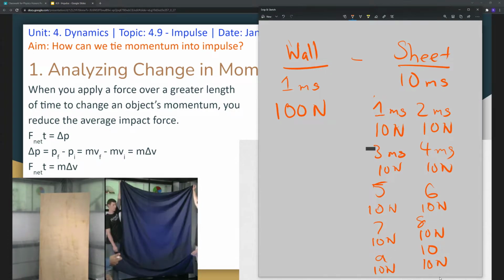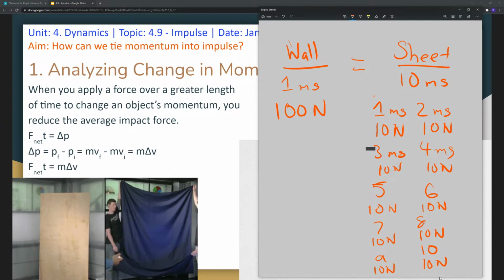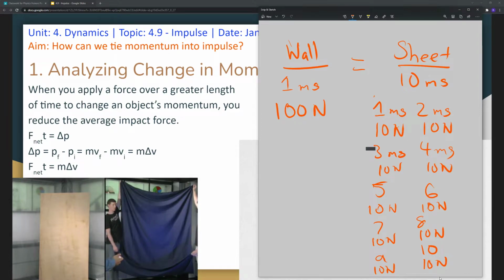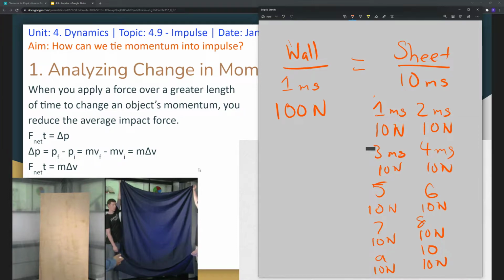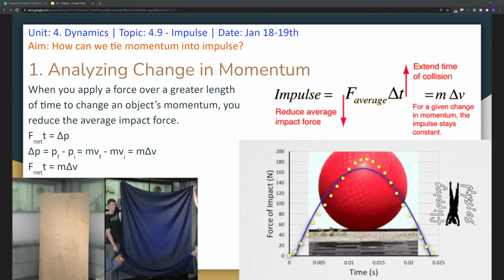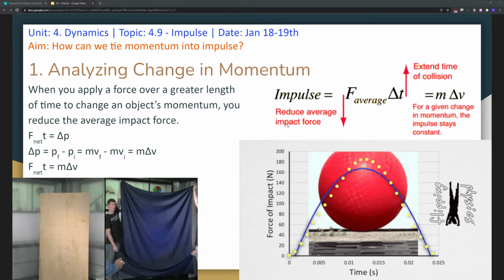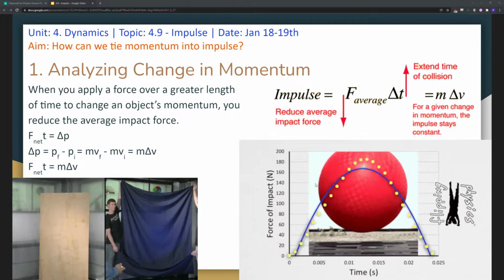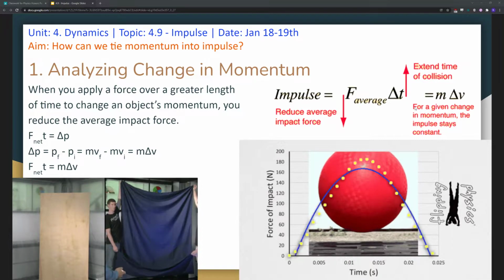And so the force applied by both wall and sheet are equal, but the difference here is that in one situation you have a greater amount of time for your object to come to a complete stop. And that is very crucial. Obviously it doesn't work like that in real life; that was just a very simplistic explanation.